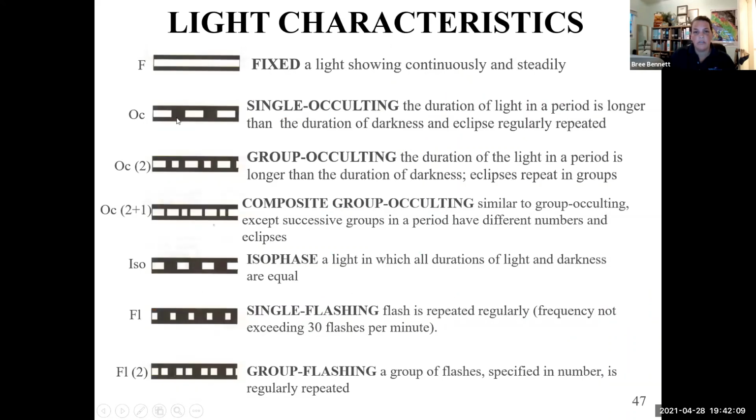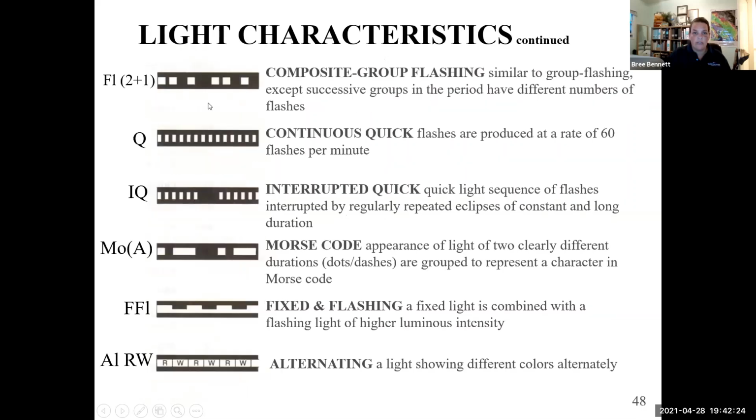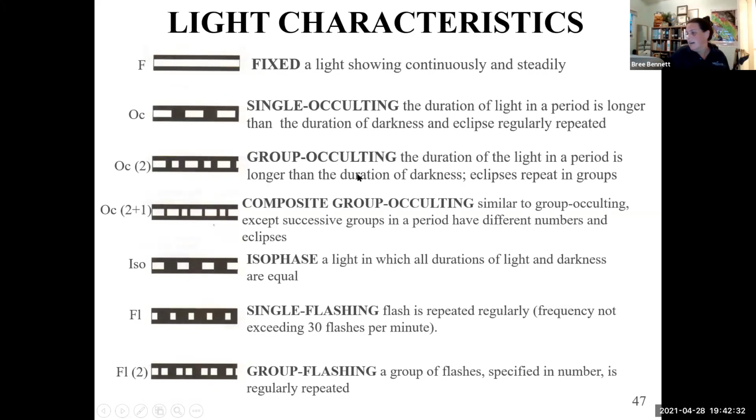We already went over this. Okay, this is an example of different light characteristics that you'll find on the chart. You had group flashing, single flashing, fixed, continuous, quick, Morse code A, all sorts of different groups of flashing. This is both in the light list, where it talks about all of the lights, and in Chart 1.